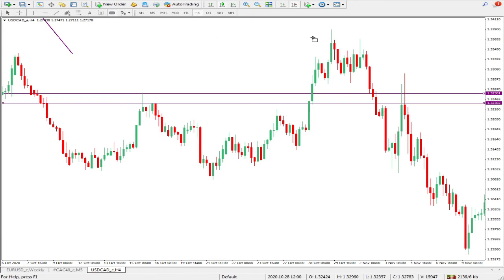So the entire move which we had to the upper side is actually a false breakout. It may not look like a false breakout, but in truth it is, because the price could not sustain itself above that level. It instead pulled back to the lower side and is still below the same place. Are we on the same page?